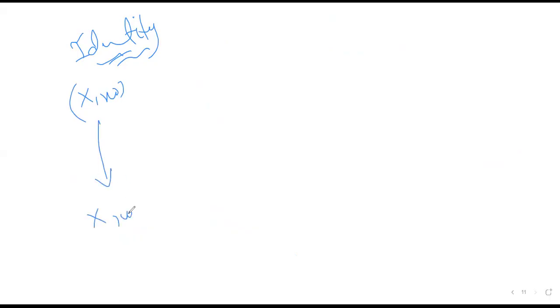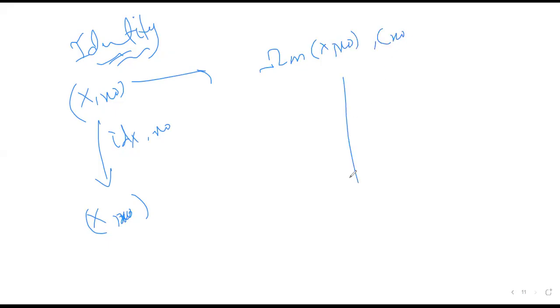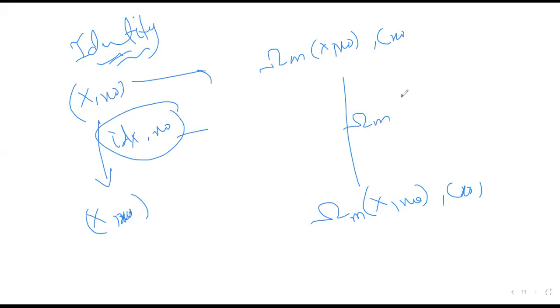Now we show that it preserves the identity morphism. So let's say (X, x0) is a pointed graph, and there is a morphism identity of (X, x0) to (X, x0). Ω^m sends (X, x0) to (Ω^m(X, x0), c_x0), so Ω^m sends this morphism to Ω^m of id on (X, x0).